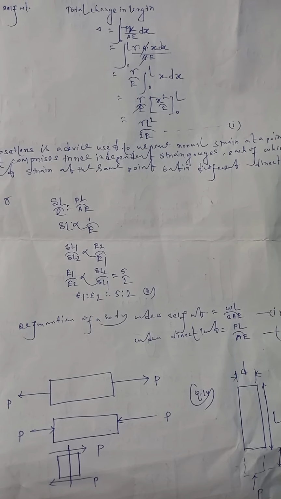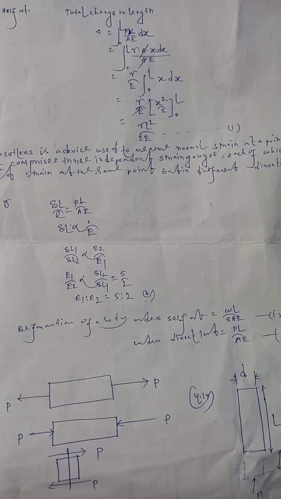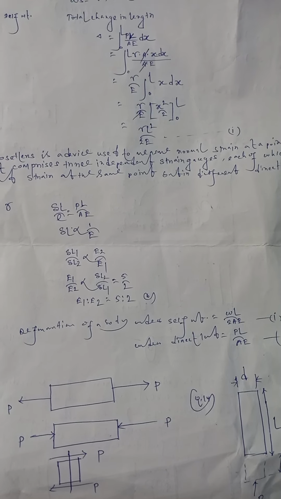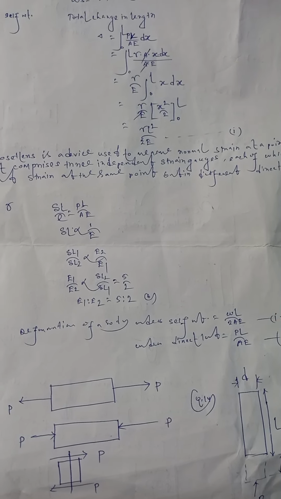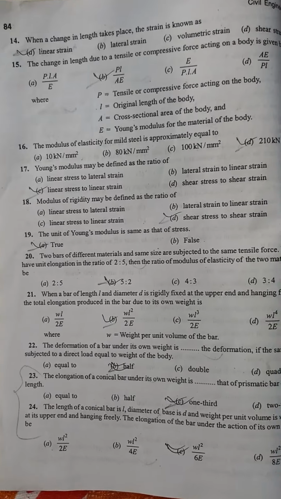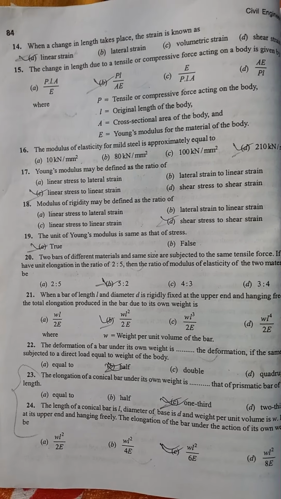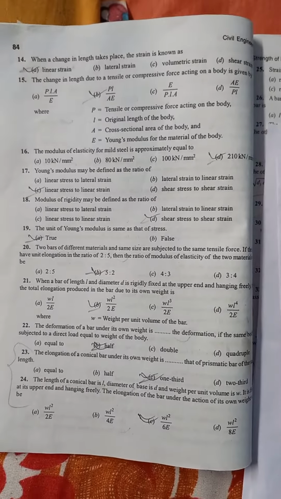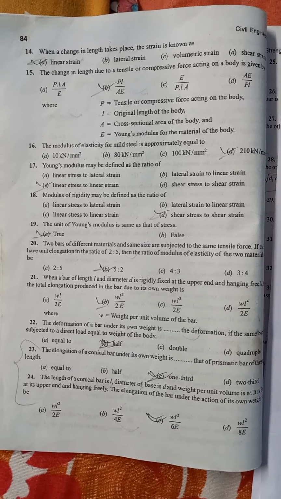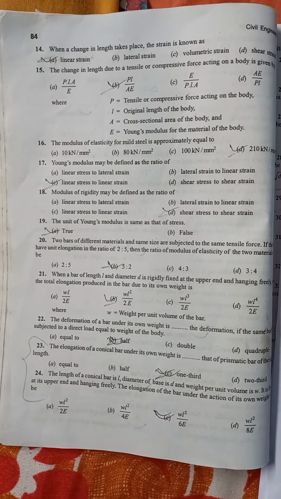Deformation of a body under self weight is WL by 2AE, and under direct load it will be PL by AE. For this question 22, the deformation of a bar under its self weight is half the deformation if the body is subjected to a direct load equal to the weight of the body.